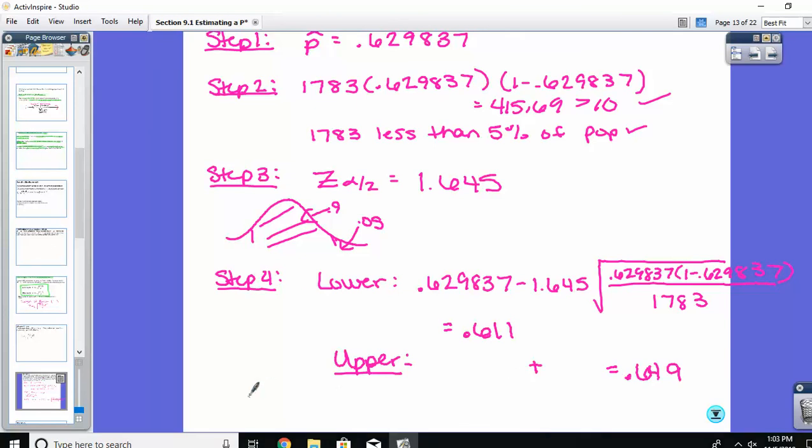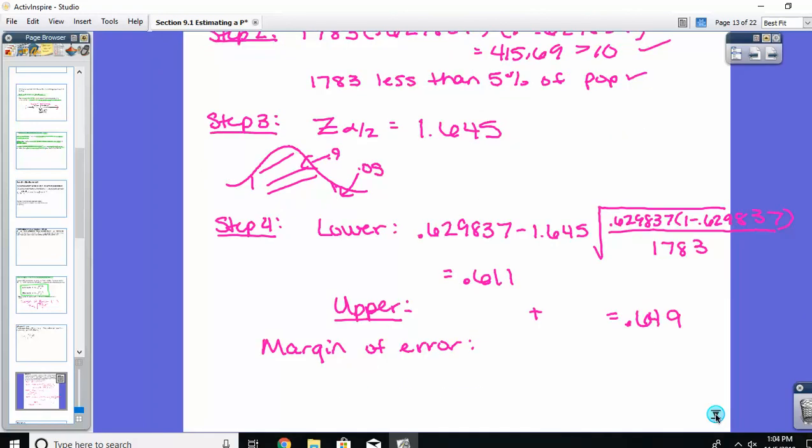If I just asked for the margin of error, I didn't, but I could. Do you know what it would be? We just subtract these two. Yeah. Well, kind of. You're going to have to do one other thing to it. Your margin of error is how far these are from our point estimate, our p-value.